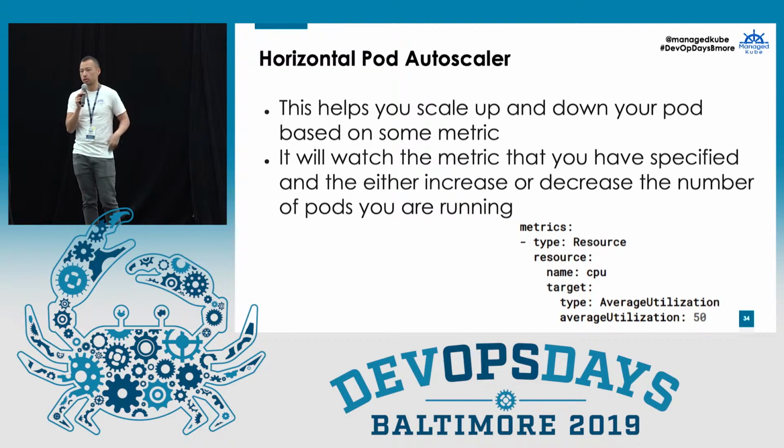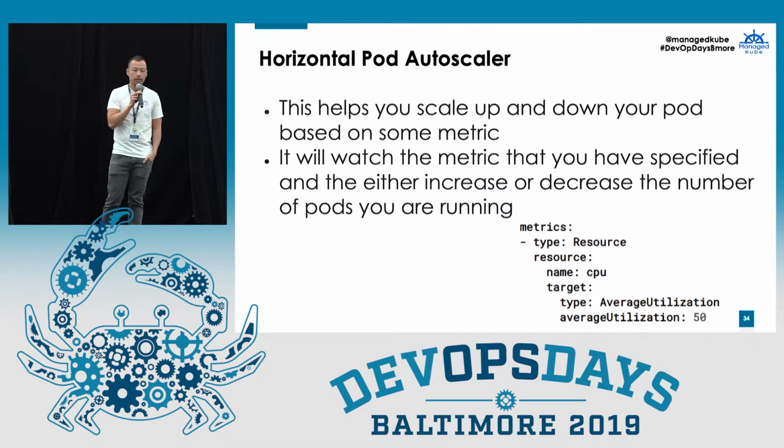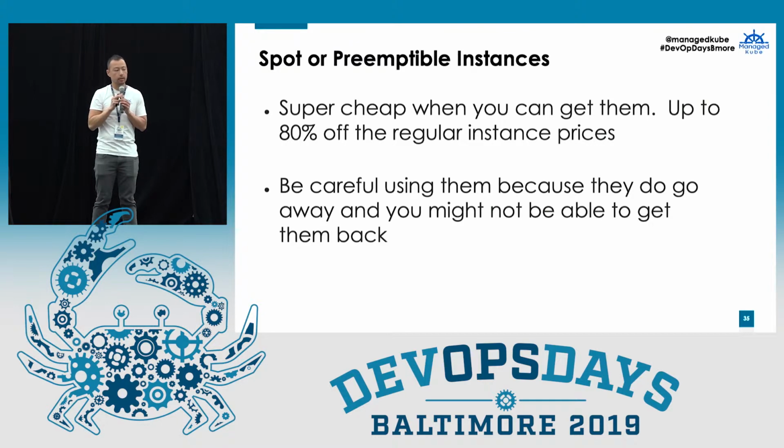When aggregate CPU usage of this pod goes over X, it would start scaling this pod up until the aggregate CPU level is at a certain point. And on the flip side, it'll do the same on the way down if it's below. So it'll help you scale your pods up and down when demand is needed. And you can also do this with custom metrics.